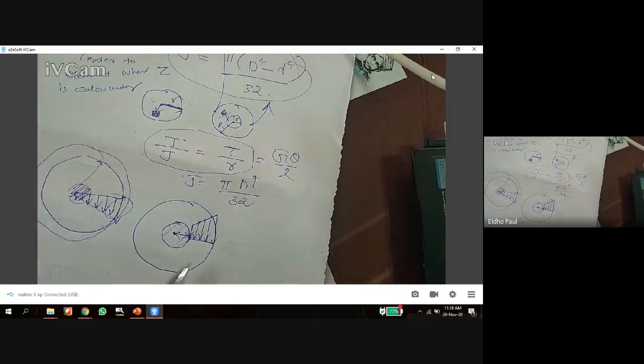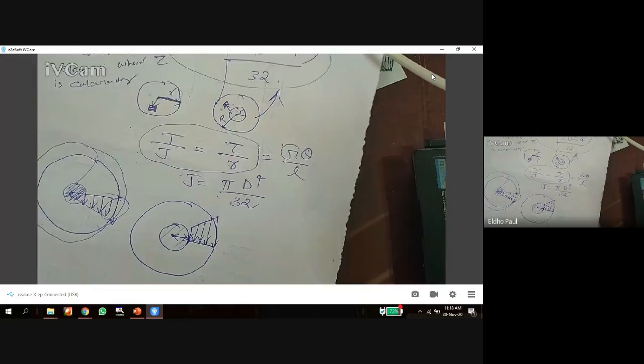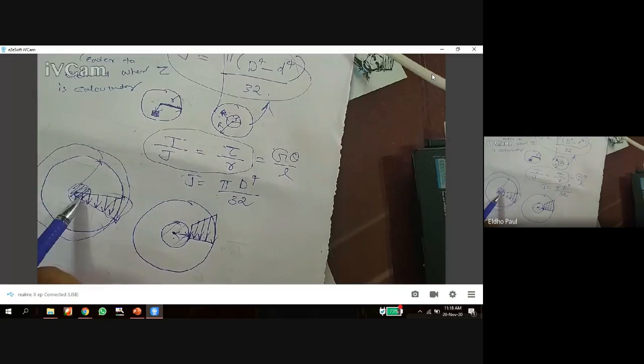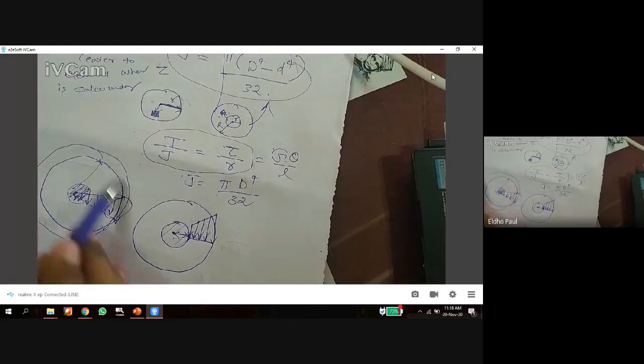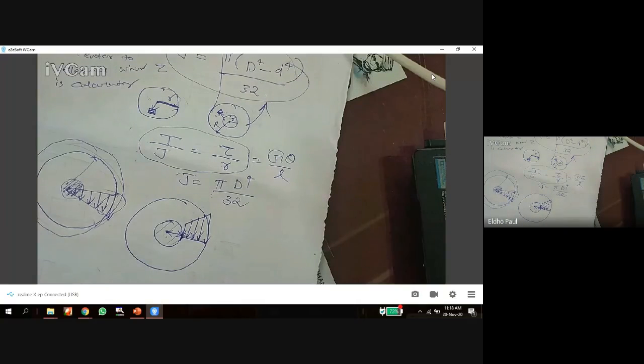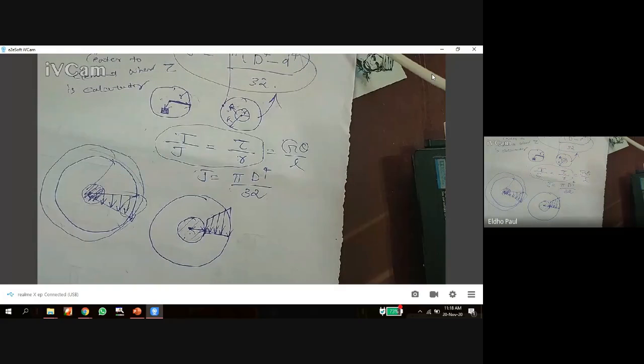To maintain the same weight for solid as well as hollow shaft, we take the material from the center portion and distribute it into the surface area. So we get a hollow shaft.